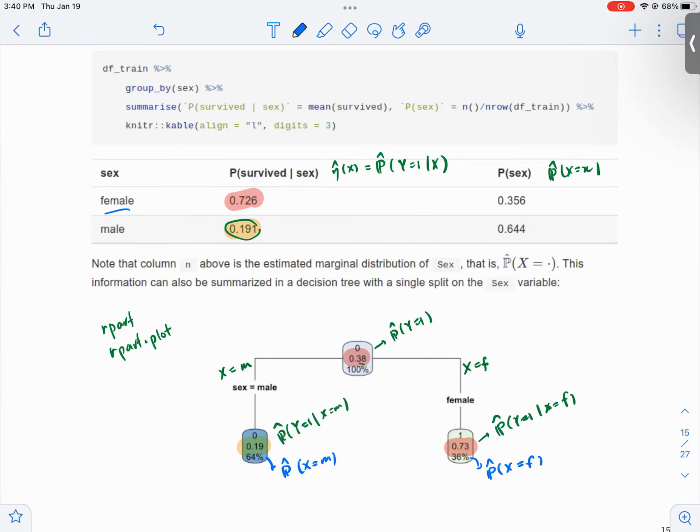Based on these values, we can threshold at 1/2. If bigger than 1/2, the decision would be 1. So this is 1 here and 0 here. This is summarized in a decision tree like this. We went over this, and we'll come back to something similar later, but this is an implementation of the optimal rule in real life. Okay.